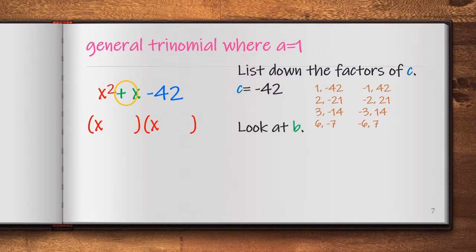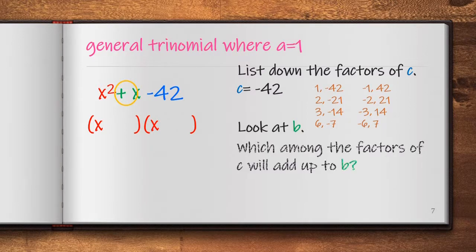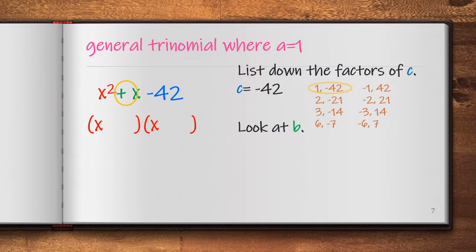So, alin sa mga factors ng 42 na yan, ang pag pinag-plus mo ay magiging positive 1. Okay, tingnan natin isa-isa. Alin dyan ang magiging equal to positive 1? Mukhang imposible naman tong mga factors na to. So, nakikita nyo na ba?